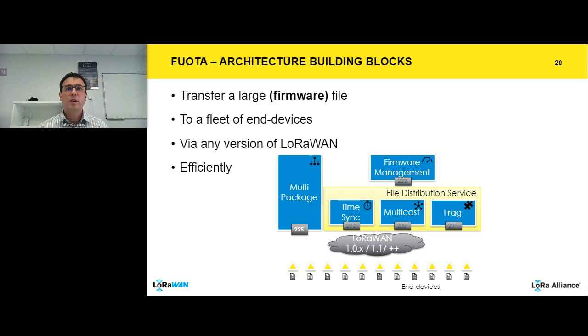This specification is the only one actually related to firmware, where you could ask for the firmware version or ask for the update version, ask the device to reboot and stuff like that. So this is it. This is the full architecture of the LoRa Alliance firmware update over the air specifications.